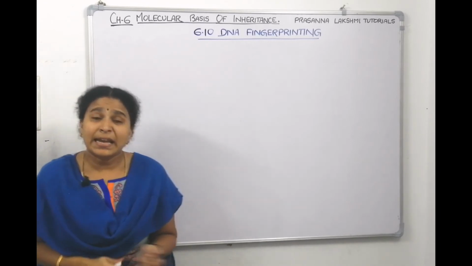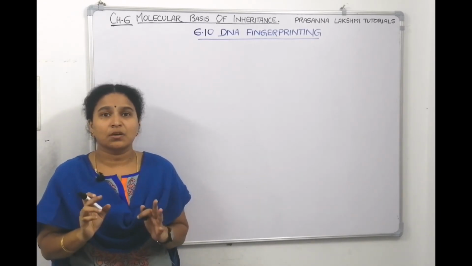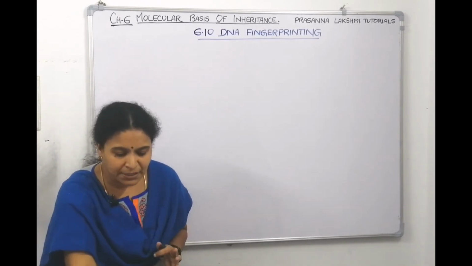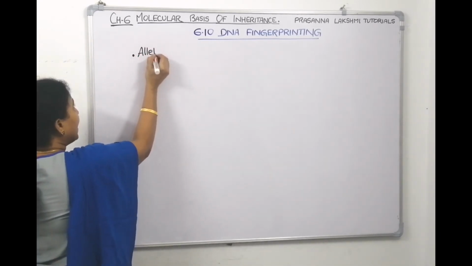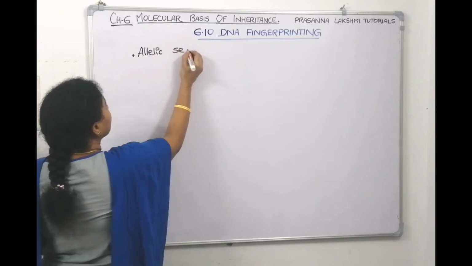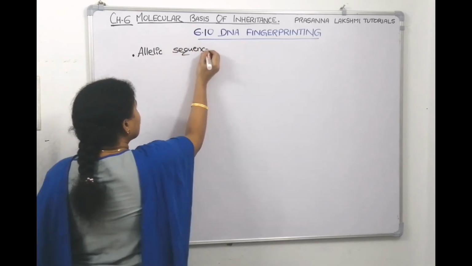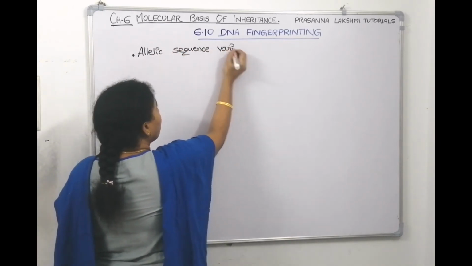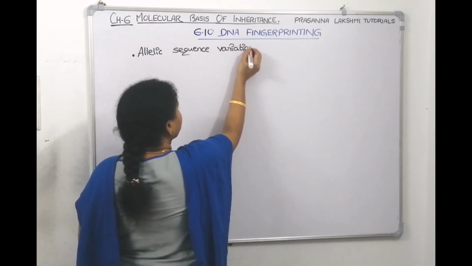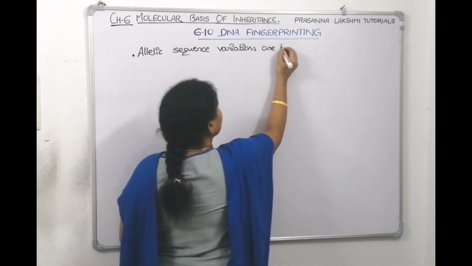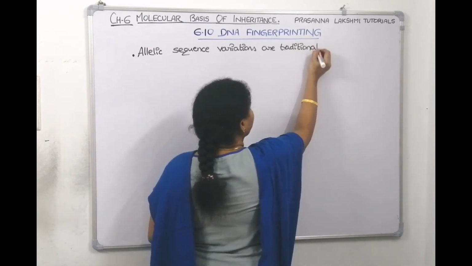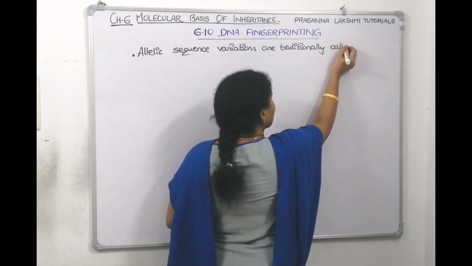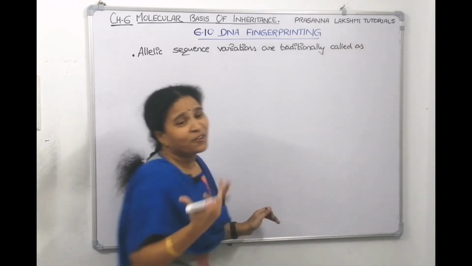Allelic sequence variations are traditionally called DNA polymorphisms.